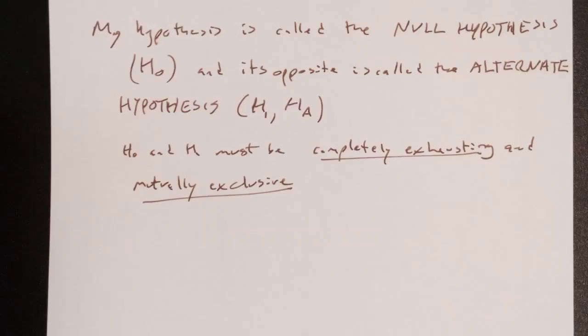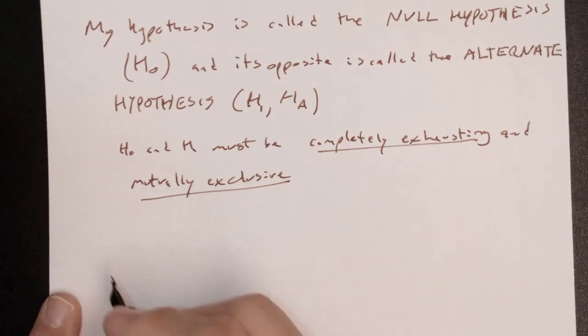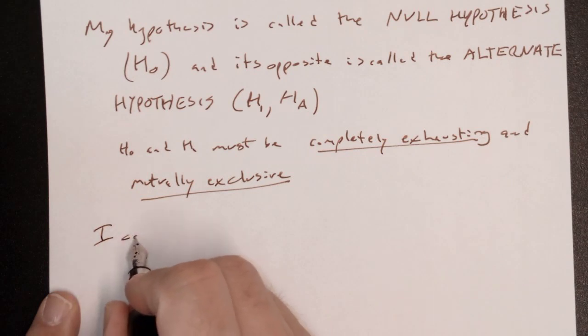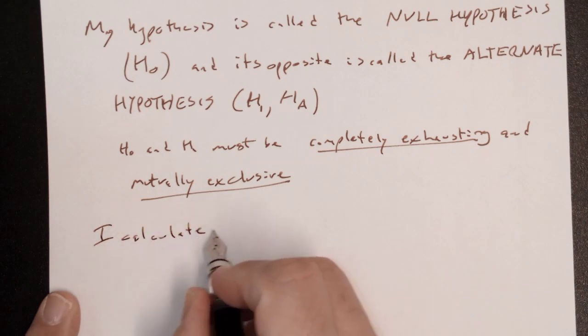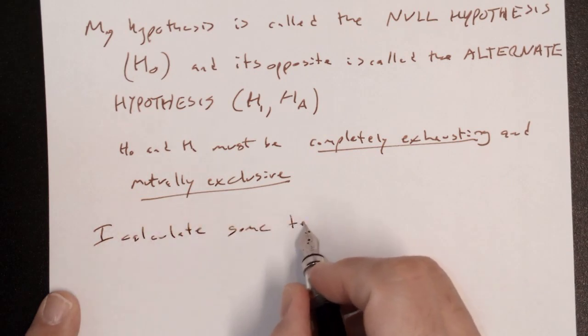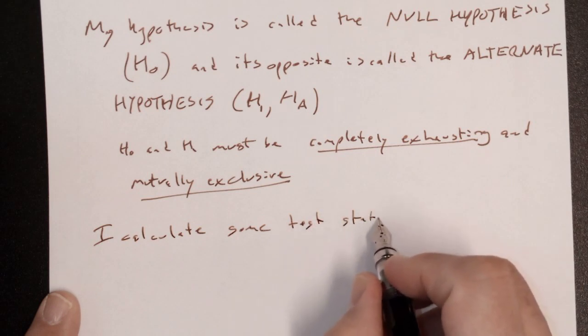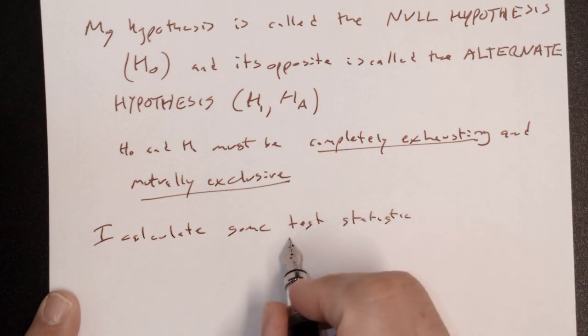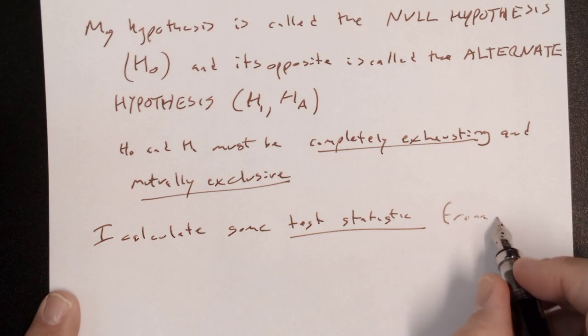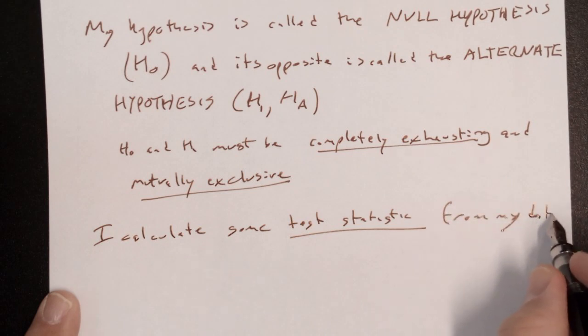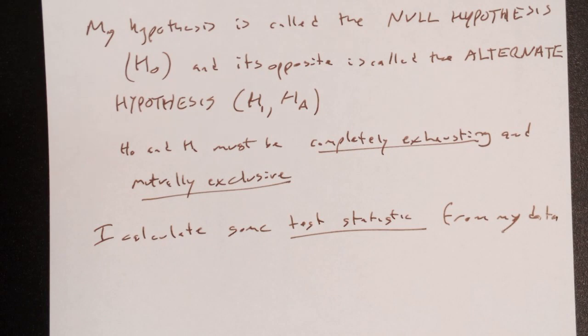Or the proportion of contamination is too low, which is a good thing, right? I should switch suppliers. So I calculate some test statistic from my data that's related to my hypotheses.